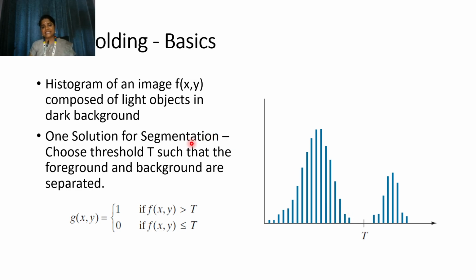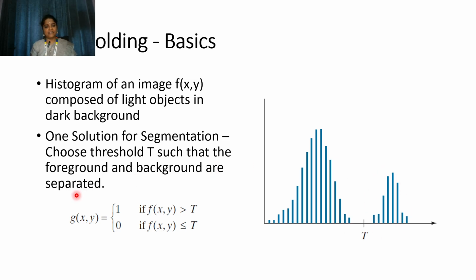One easy solution for that is to choose a threshold T. This T is going to be a value in the intensity range of the image. So I'm going to choose a threshold T such that the entire image will be divided into two groups, the foreground and the background.